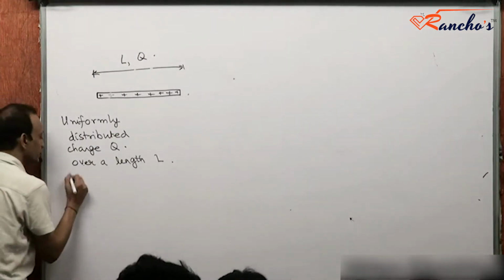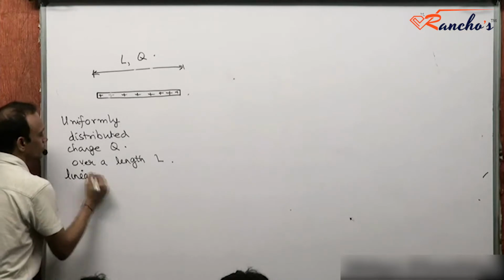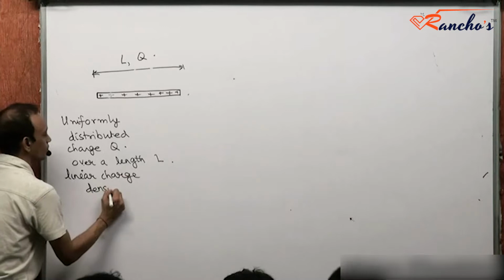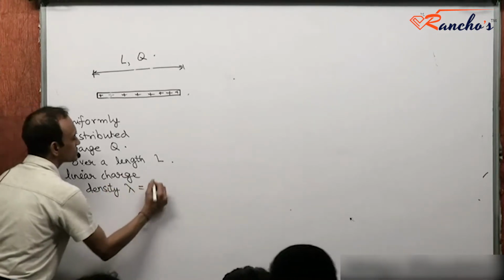Then I define the linear charge density lambda as Q by L.